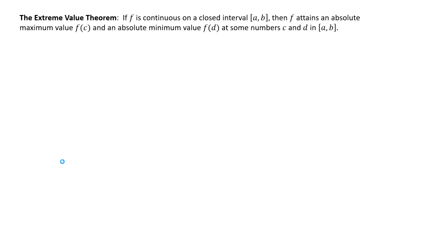Oh yeah, this guy. This is another thing that we learned in Cal 1, which is the extreme value theorem. Now, one thing you must know: the moment you have a theorem, it's an important one, and it's especially important if it has a name attached to it.